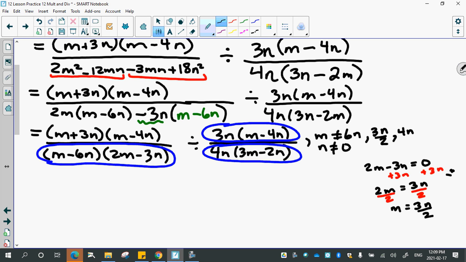Okay, and then the bottom, n can't be 0 again. 3m minus 2n. M can't equal 2n over 3. Very good.